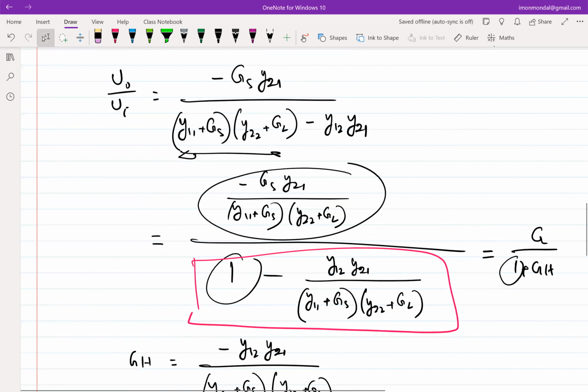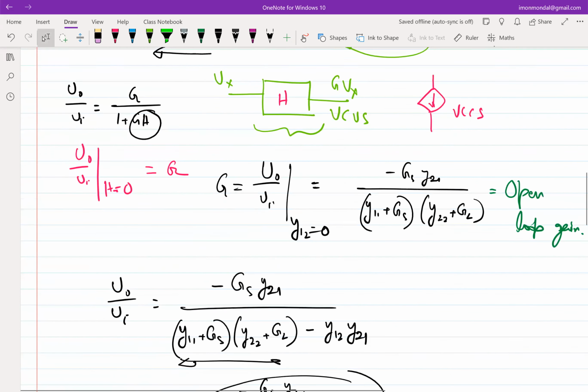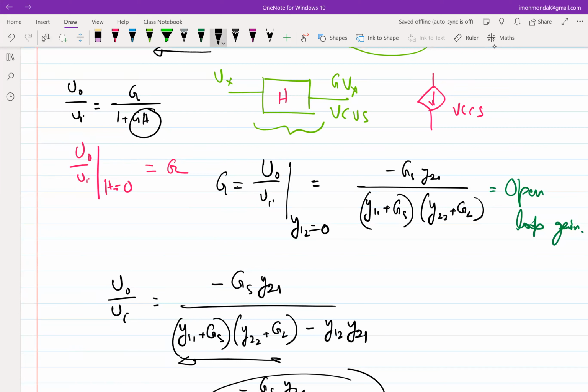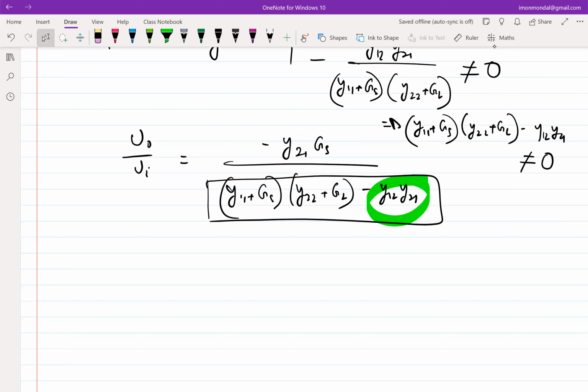And I also saw here somewhere, where was G? So G was proportional to y21. So if we want large gain, we'd want large y21. So we don't want to set y21 to 0, which means that only one option remains: set y12 to 0. Right.